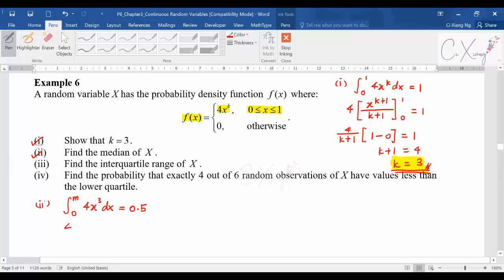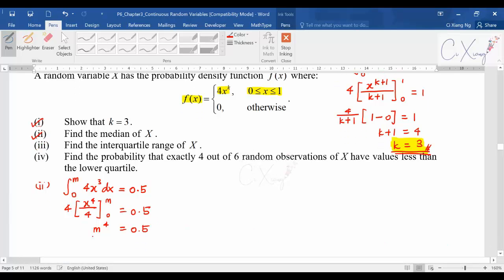Okay, so 4 is a constant, I just copy it out, and then I'm having x power 4 divided by the new power, and then substitute m and also 0, and you let it equal 0.5. So eventually you have m power 4 equals 0.5. If you continue further, you take power 1 over 4, and you get 0.841.